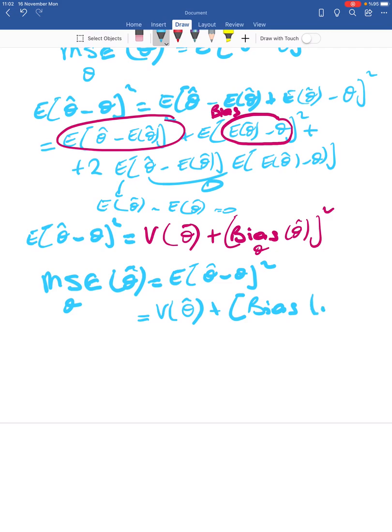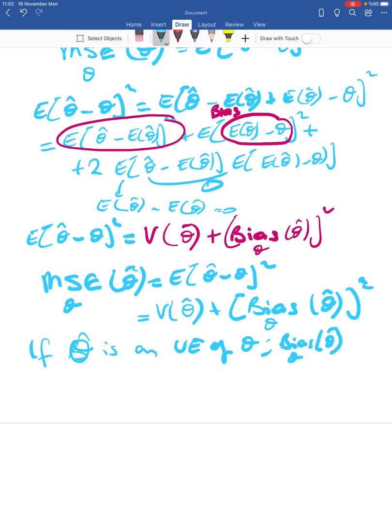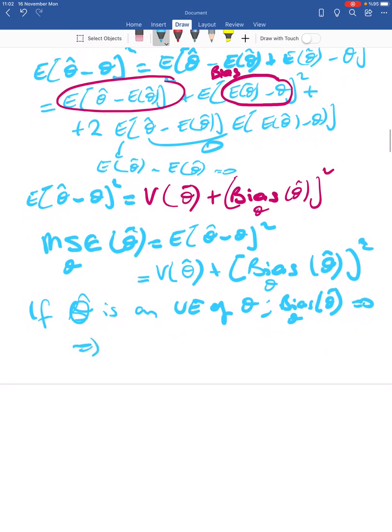If theta hat is an unbiased estimator of theta, then the bias term will be 0, and in that case the mean square error of theta hat will be just the variance of theta hat.